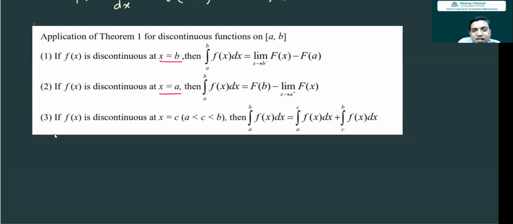When the function is discontinuous at x equal to a, then we do this: capital F of b minus limit x tends to a plus of capital F of x.